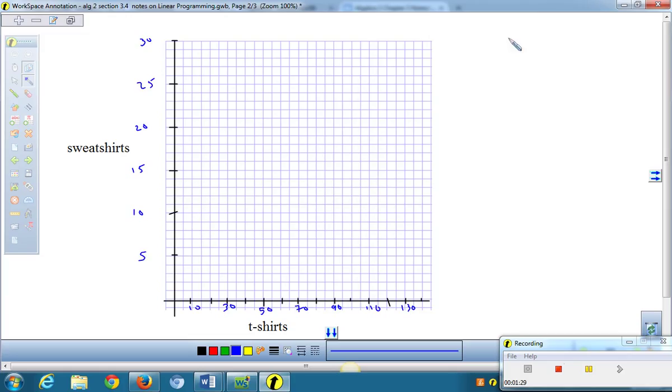You can see what the y-intercepts are. So when you do this on your own, before you set up your grid, solve the constraints for y.